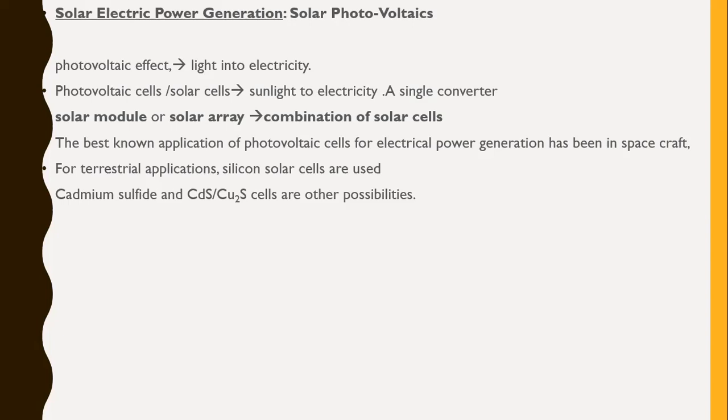We have several other kinds of photocells in the laboratory stage of development, but they are still not fully developed. One of the famous developing photocells is the cadmium sulfide, CdS/Cu2S cell. These are other possibilities besides silicon.